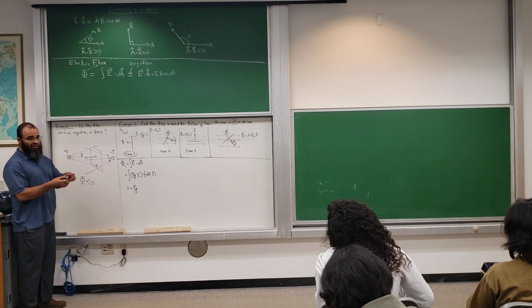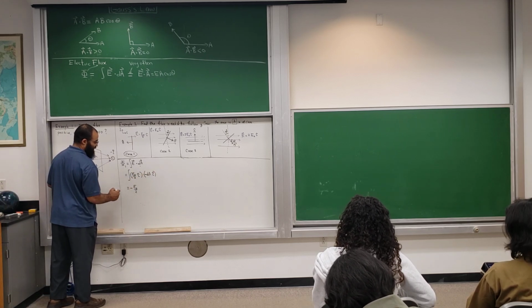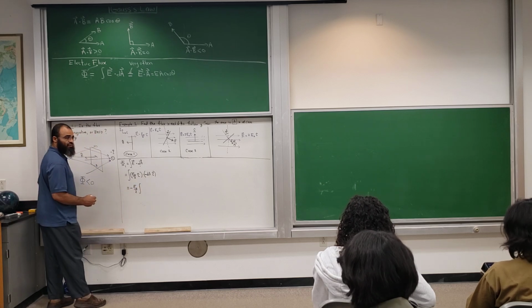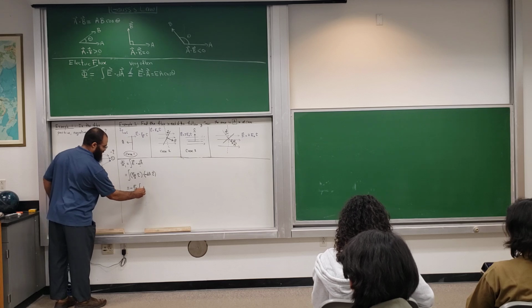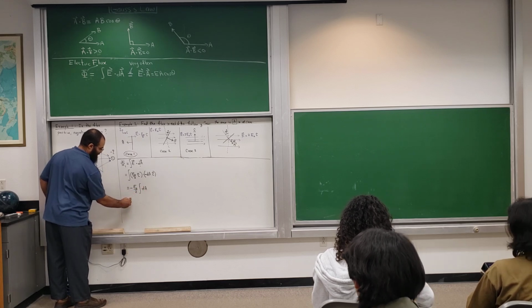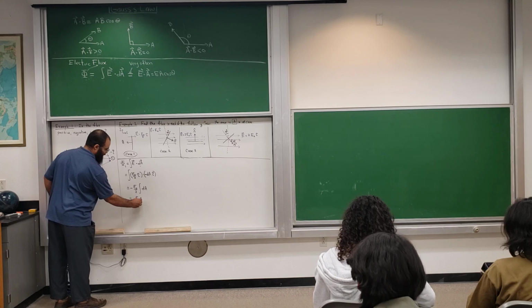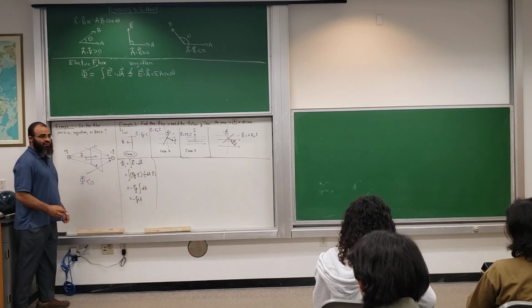In this case, I hat and I hat, their dot product is 1. So what's left inside the integral? Just dA. Good. What's the integral of dA? It's A. So minus E naught over 2 times A. That's the first one.